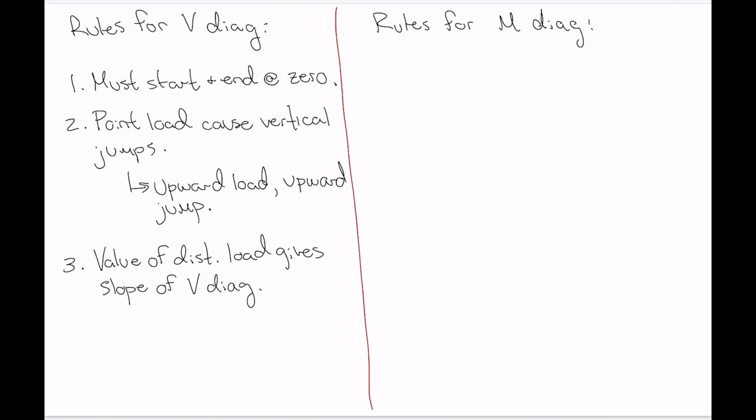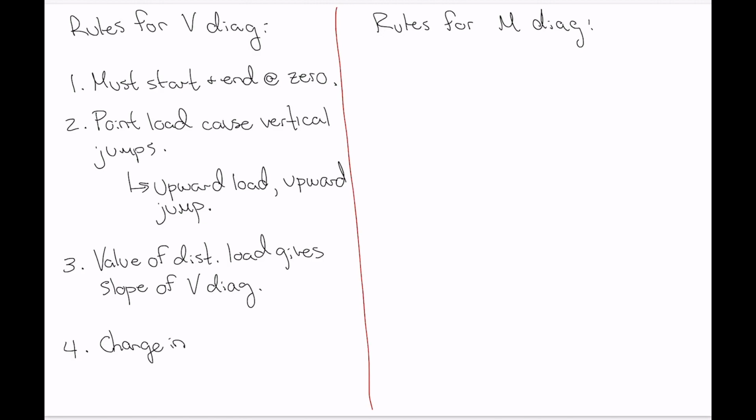And the fourth rule is that the change in shear between any 2 points is equal to the area underneath the distributed load.